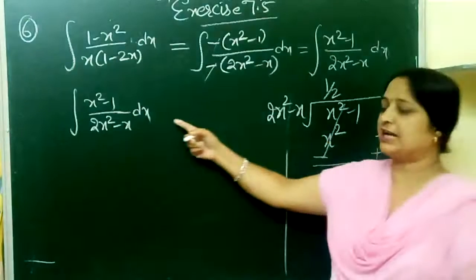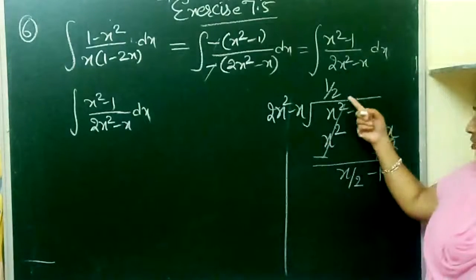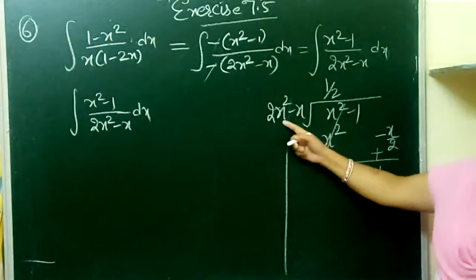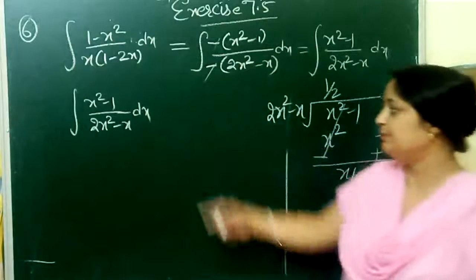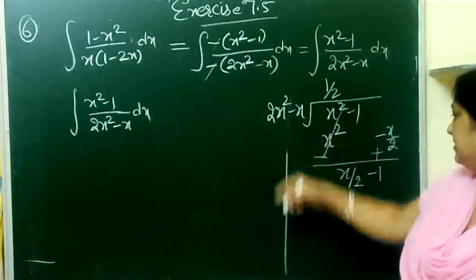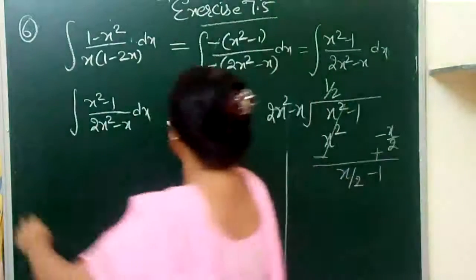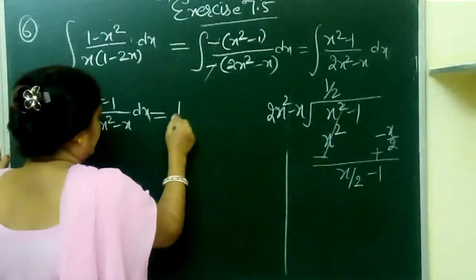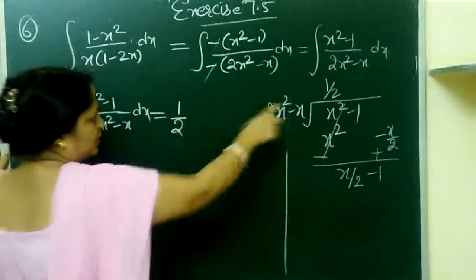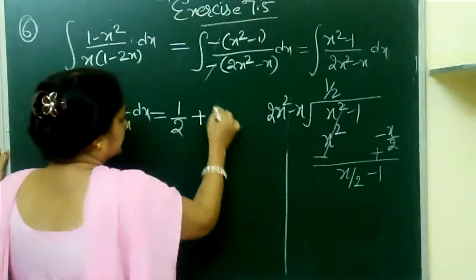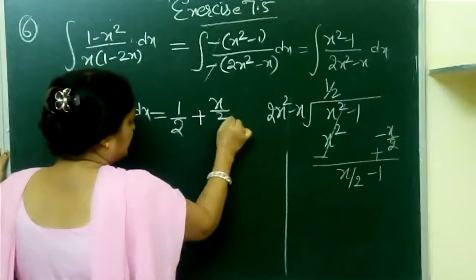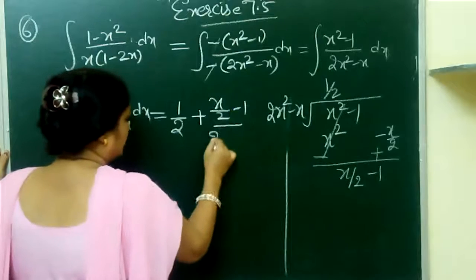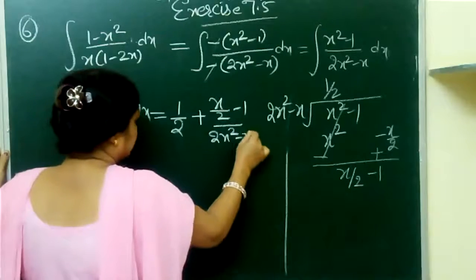Now this is known as the quotient, remainder and divisor. Now you will write here this term 1 by 2 as the quotient. Quotient is half plus remainder (x by 2 minus 1) upon 2x square minus x.